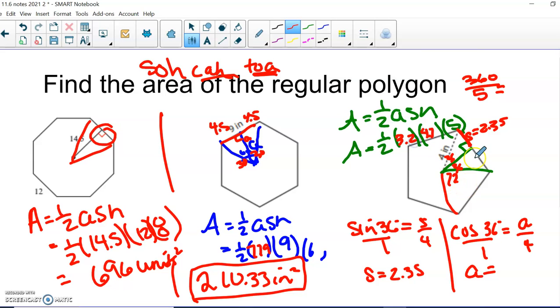And that's the height of our triangle, or A in this case. So now we have everything we need by using trig and the central angle. So I'm going to punch that in my calculator. 1/2 times 3.2 times 4.7 times 5. And I could see that the area of my polygon is 37.6 square inches.